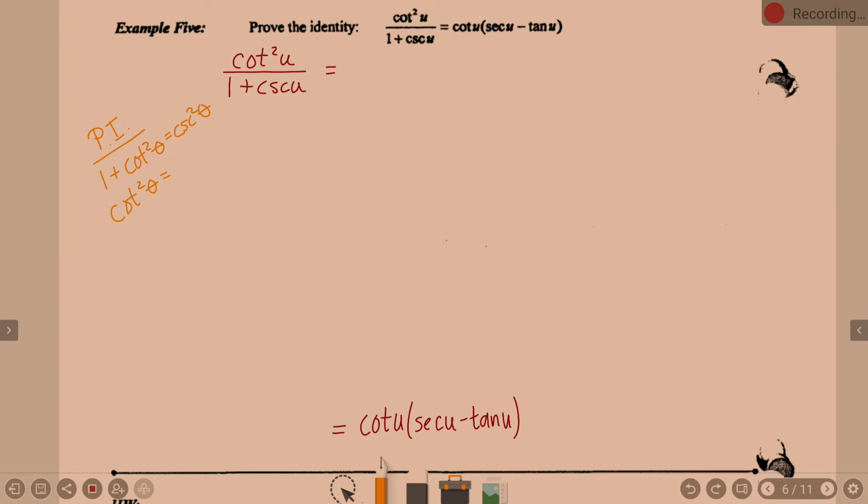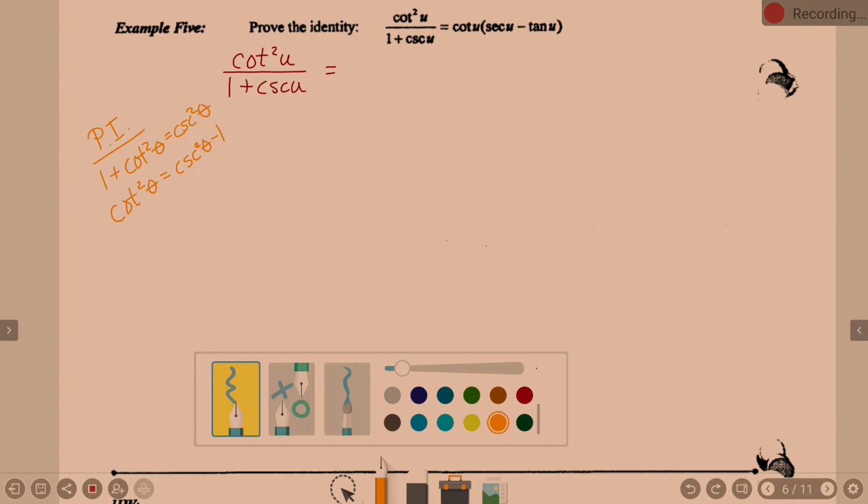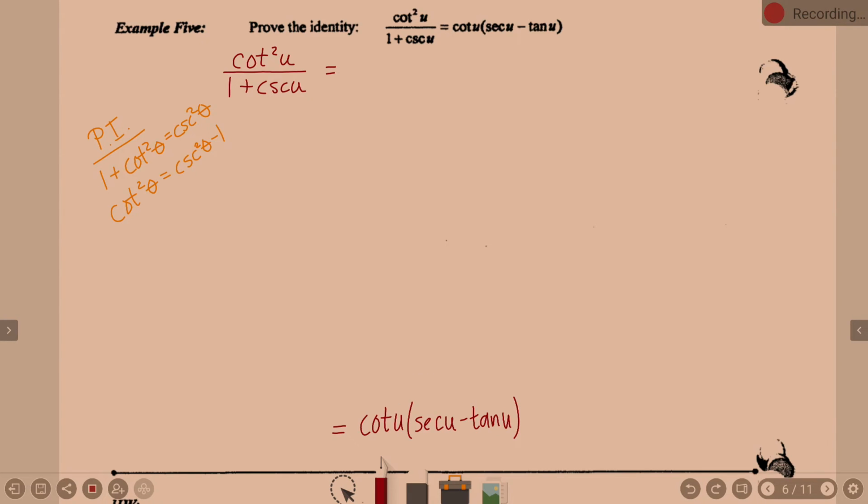So cotangent squared theta is cosecant squared theta minus 1. Okay, let's replace that. So I'm going to have cosecant squared, whoops, we're not in theta, are we? u minus 1 over 1 plus cosecant u. What does that numerator do?